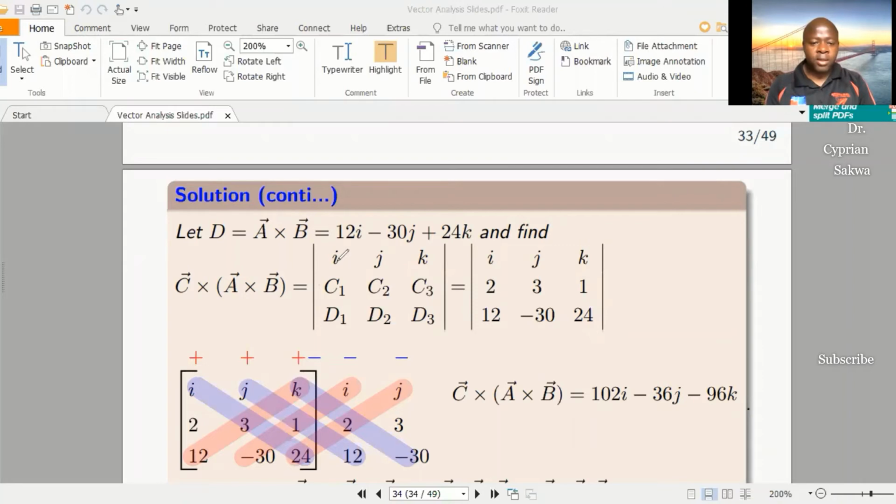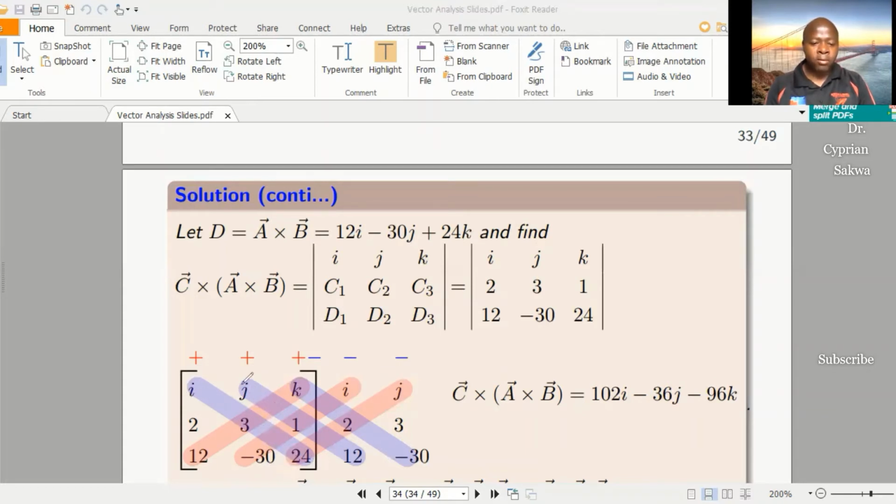So that will be ijk, c1, c2, c3, d1, d2, d3. And I write the coefficients of i, j, k, write the coefficients of c, and then the coefficients of d. This one's 2, 3, 1, and D is 12, negative 30, 24. And then carry the whole of this matrix here. And then the first two columns, add them here.